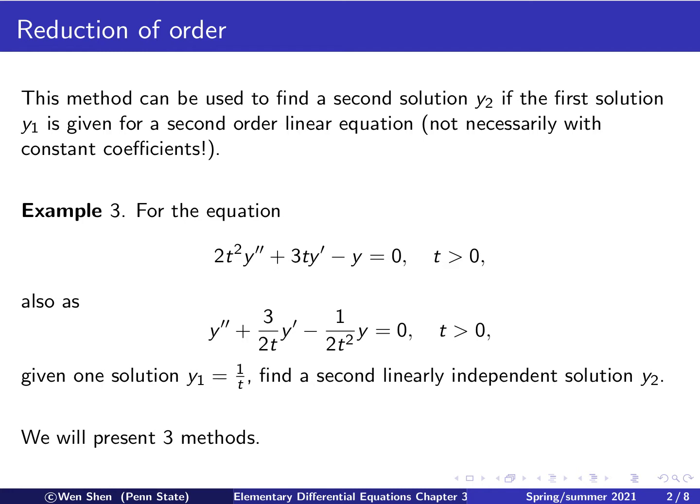The method of reduction of order can take various forms in different settings. So we'll go through this example, with this y1 given, and we will present 3 different methods to find the y2. And then we will do a summary.